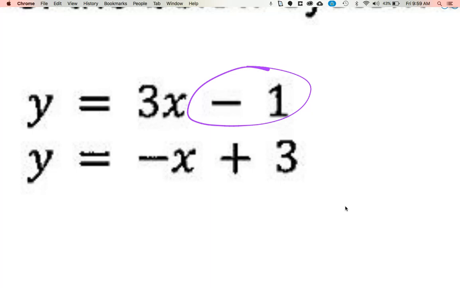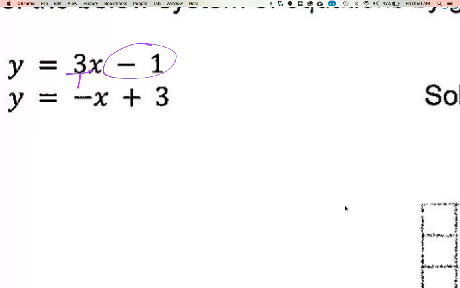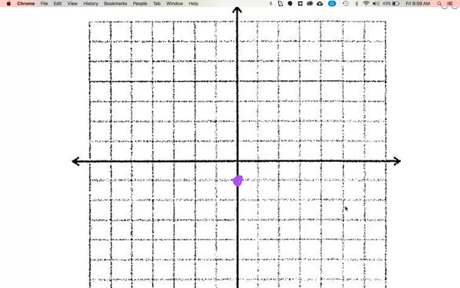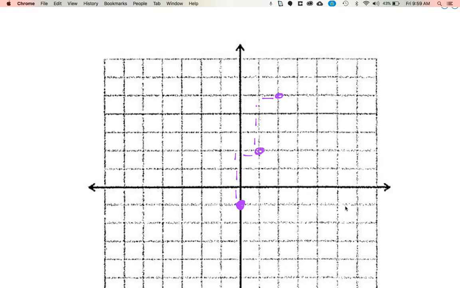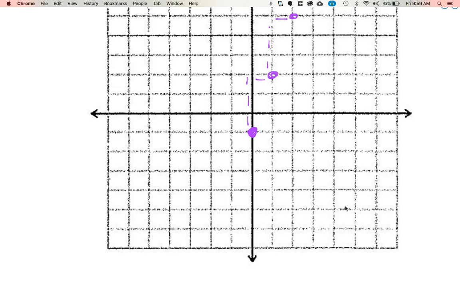And then the slope is 3/1. So we're going to go up 3/1. I'm going to fill up my whole graph with that idea. And then I run out of room there. So I'm going to go down now.